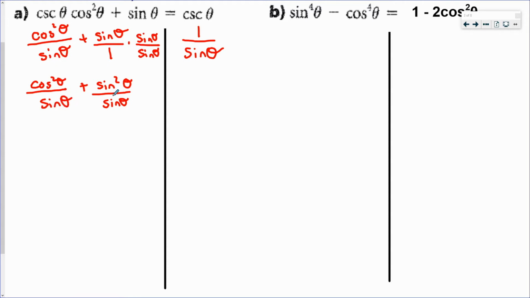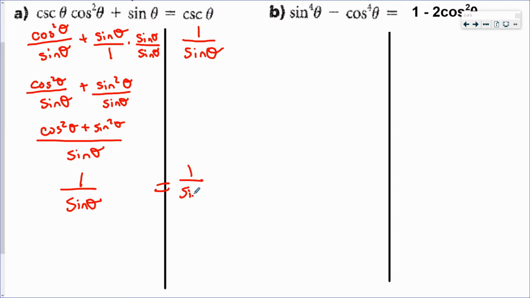So now you have a common denominator. So what you really have is cos squared theta plus sine squared theta, and that's all over sine theta. Well, we just learned that when you got cos squared theta plus sine squared theta, that's equal to 1. So we're going to substitute that in for 1. And now we have 1 over sine theta, which is equal to 1 over sine theta.